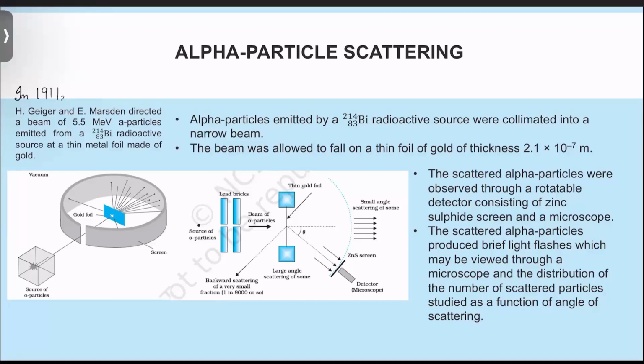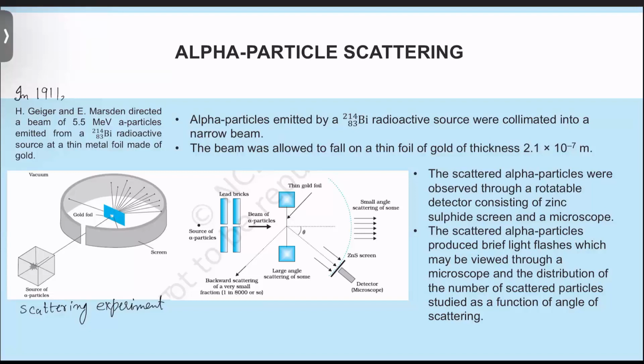The experiment was called the alpha particle scattering experiment.